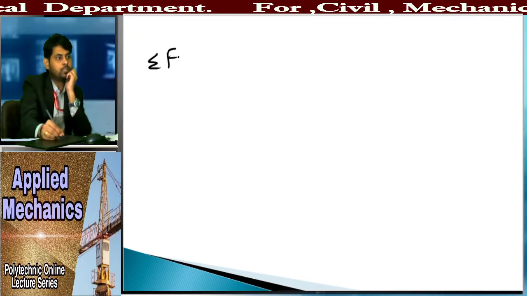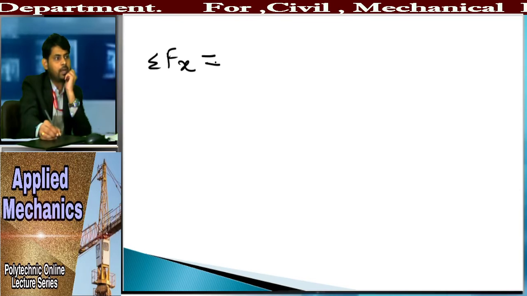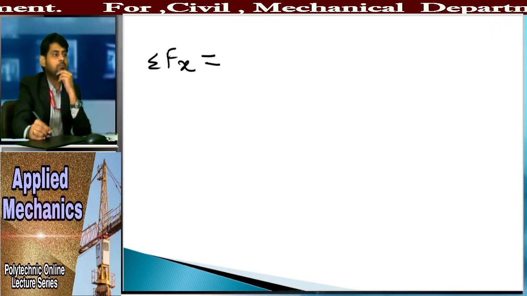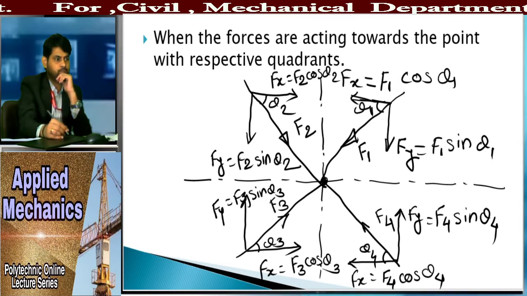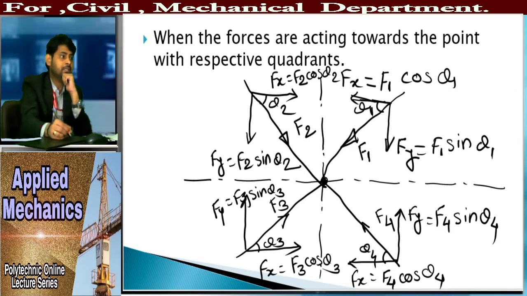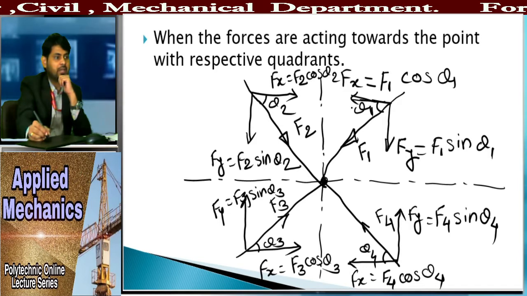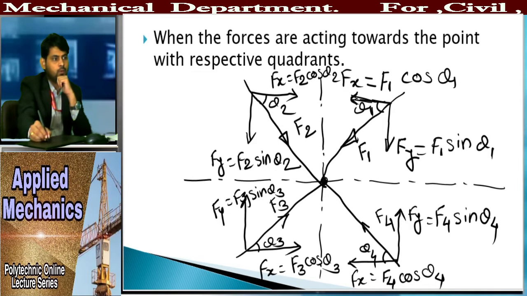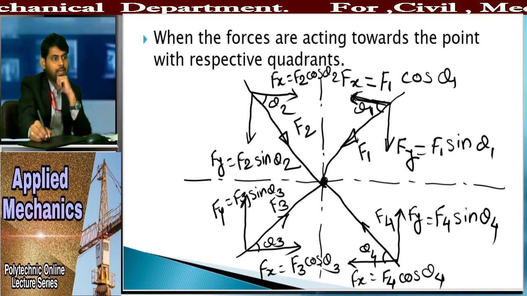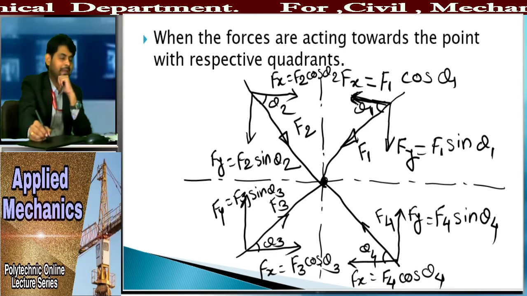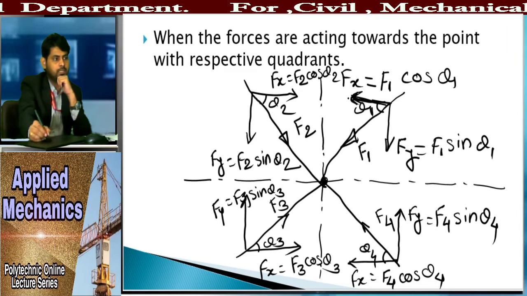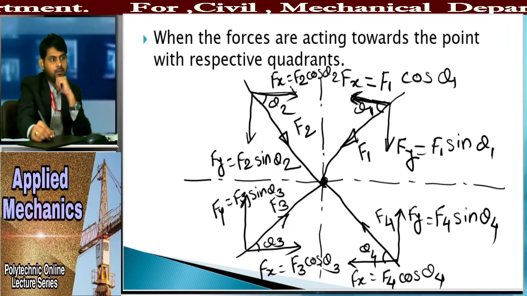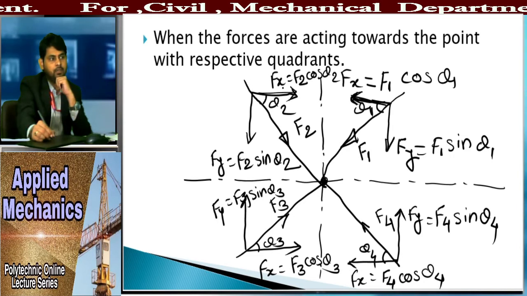So for horizontal we take the summation of x, that is the forces on the x axis, the summation of all those forces. Here you can see the force which acts in the first quadrant goes towards the left side, meaning a minus sign, right? It goes towards the second quadrant. This goes towards the right side, meaning positive.